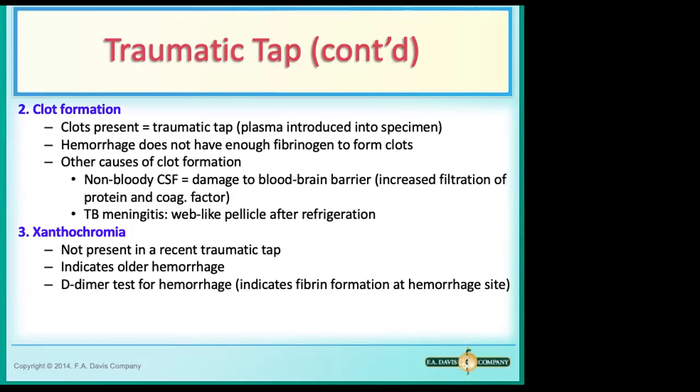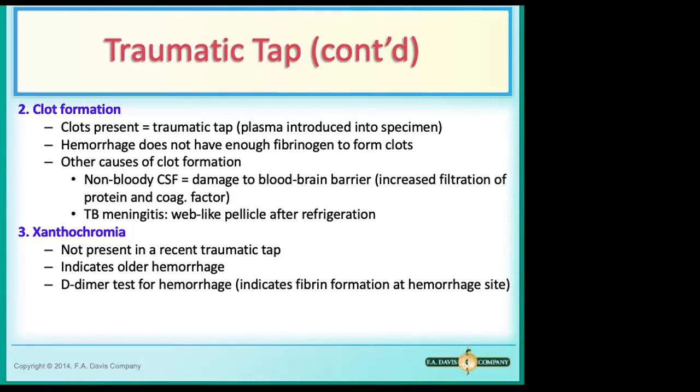Another indication is looking at the supernatant and whether the supernatant is xanthochromic. Xanthochromia is not present in a recent traumatic tap. What it indicates is that there was an older hemorrhage, like an older bleeding situation.